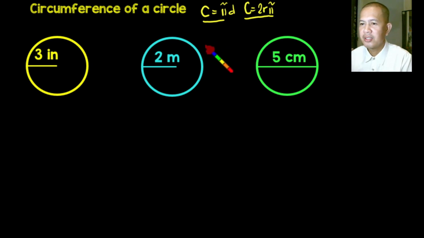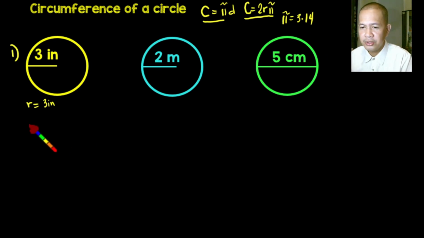Let's begin with our first example, which is 3 inches as our radius. We can use the formula C is equal to 2r times pi. The rounded equivalent of pi is 3.14.